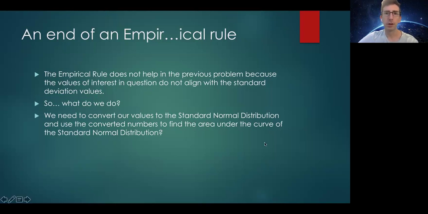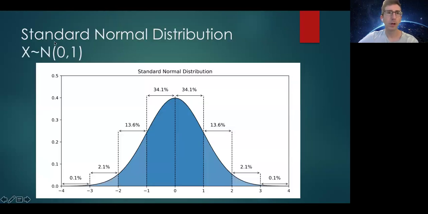Okay. So here's a standard normal distribution, right? Again, it's the exact same thing as a normal distribution, except the standard normal distribution always has a mean of 0 and a standard deviation of 1.